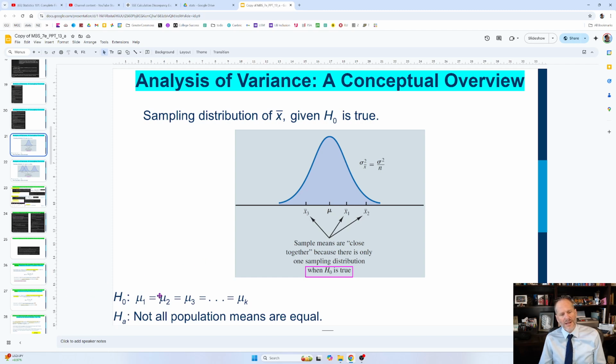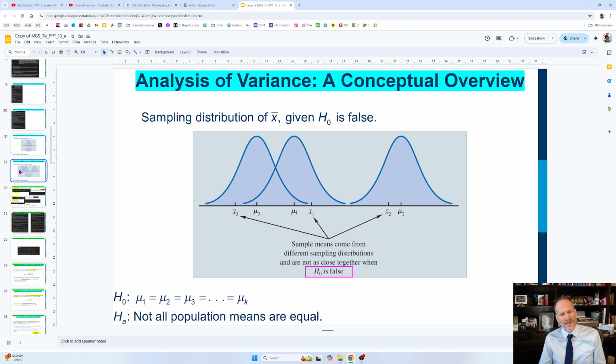And if this null hypothesis is not true, then at least two of those population means are not equal, which means they have different probability distributions, and they have a different population mean, mu. That's mu, the population mean, that Greek symbol right there.